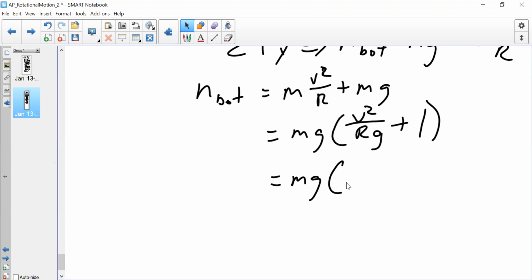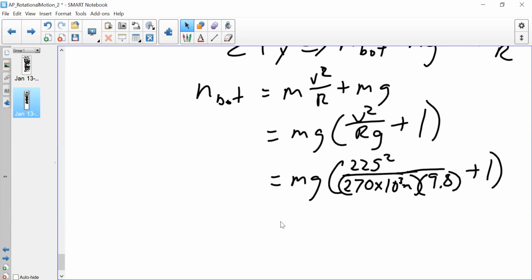So we have 225 squared over 270 times 10 to the third meters, multiplying that by 9.8, and then plus 1.